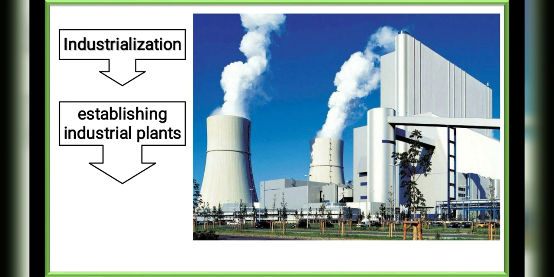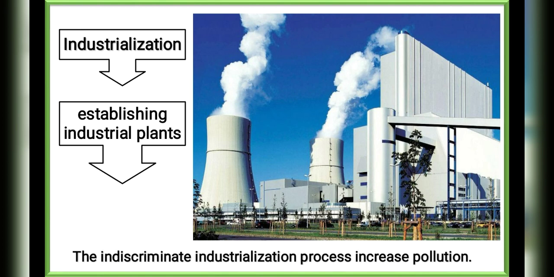Let's see a sentence. The indiscriminate industrialization process increases pollution. We know it very well. Indiscriminate means unplanned or done randomly.